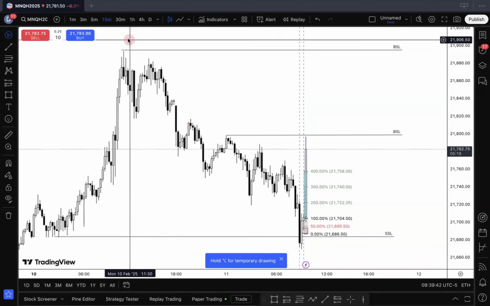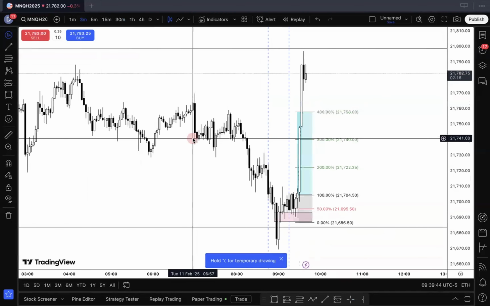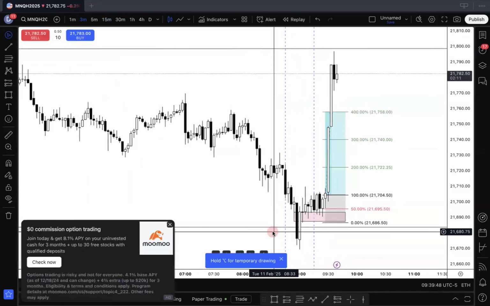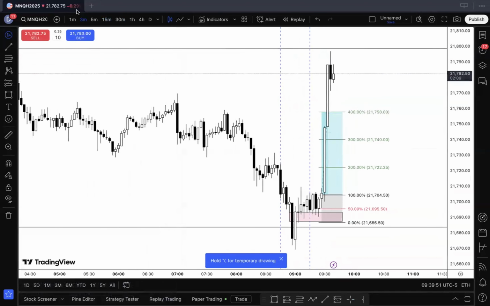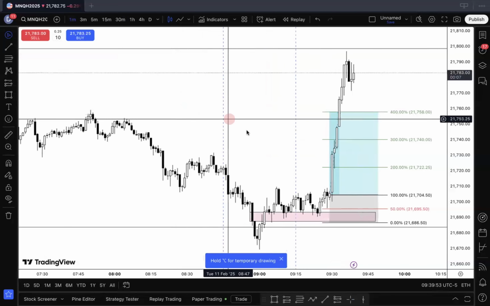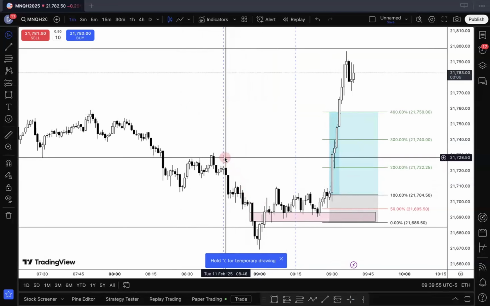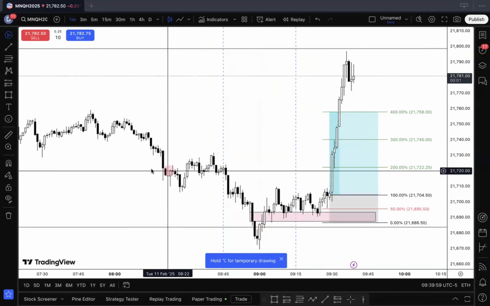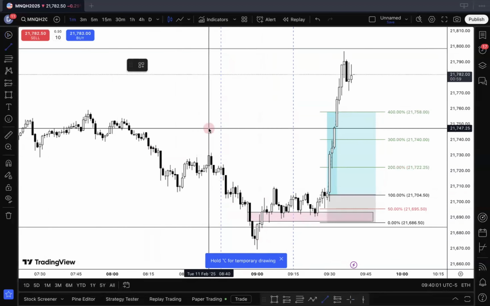So once we saw that, I'm just looking for your generic AMD setup. So let's see here. Kind of scaled in. Once the break happened, 850 macro, the break did happen, so we obviously had some movement to the downside here.